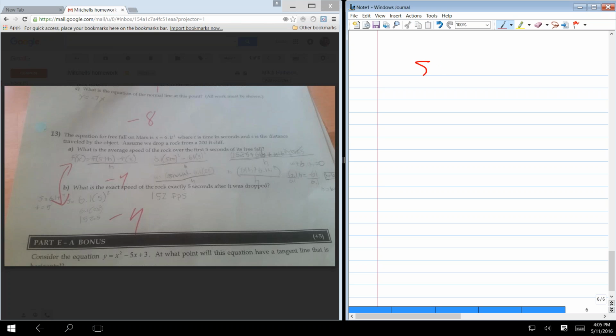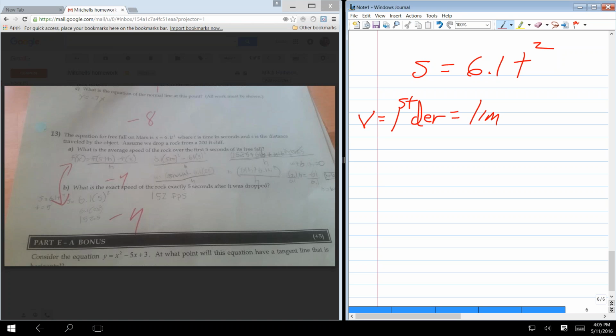Well, if s is equal to 6.1 t squared, velocity is equal to the first derivative of position, which is equal to the limit. You have not learned the power rule yet, is that correct? Not officially.